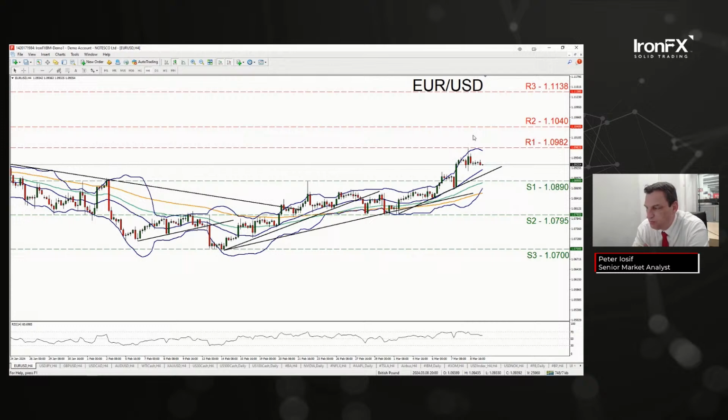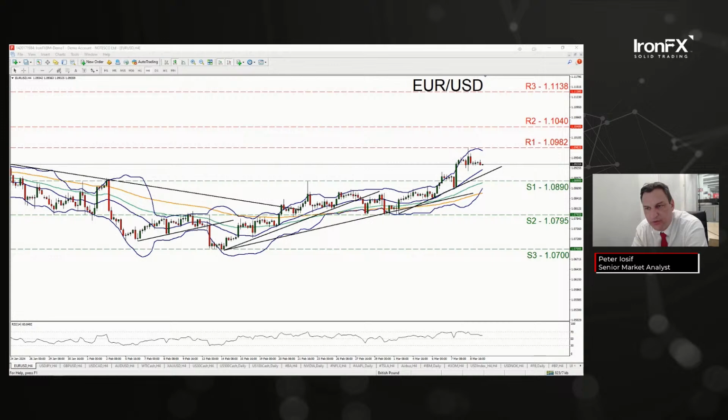Now, at this moment, it would be useful to have a small discussion about the release of the US employment report for February. That was practically in the early American session on Friday. Overall, the data tended to imply a rise of the unemployment rate.